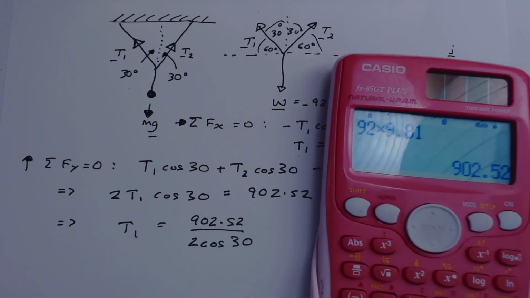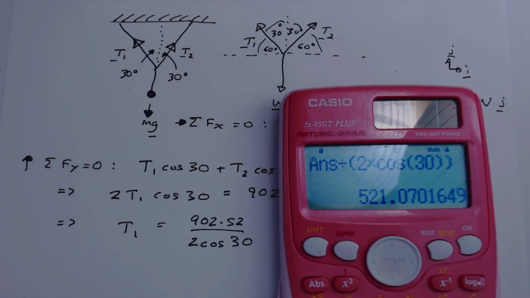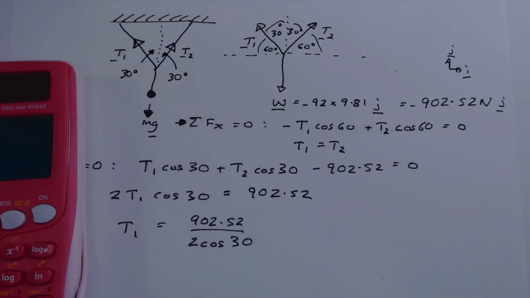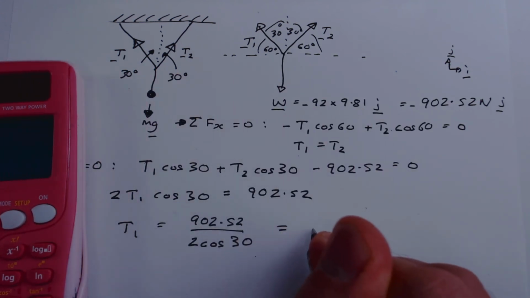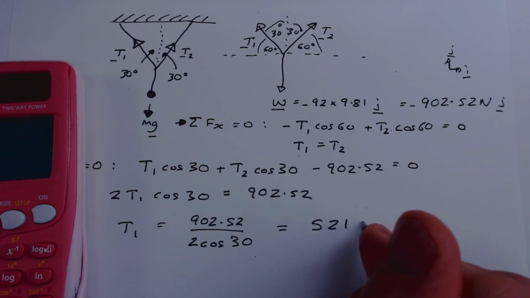So 902.52, I've still got it in my calculator, so divide that by, open a bracket, 2 times cos 30, close my bracket again, and I'm going to get an answer of, well, we'll do 3 sig figs this time, so 521. And that's newtons.